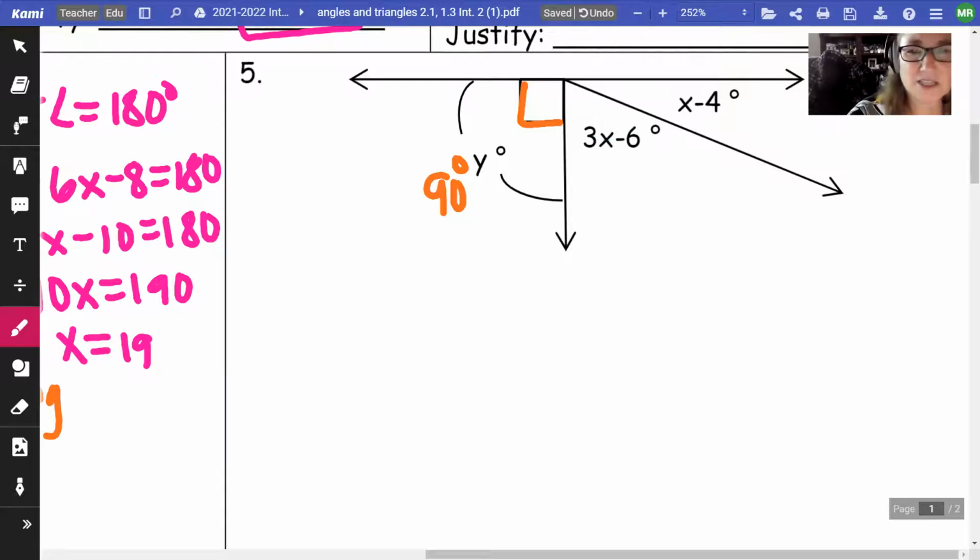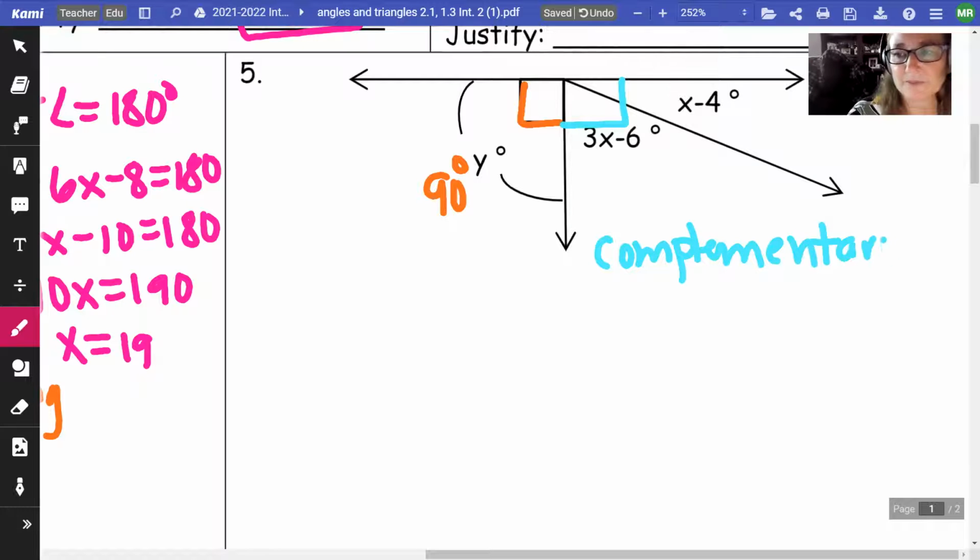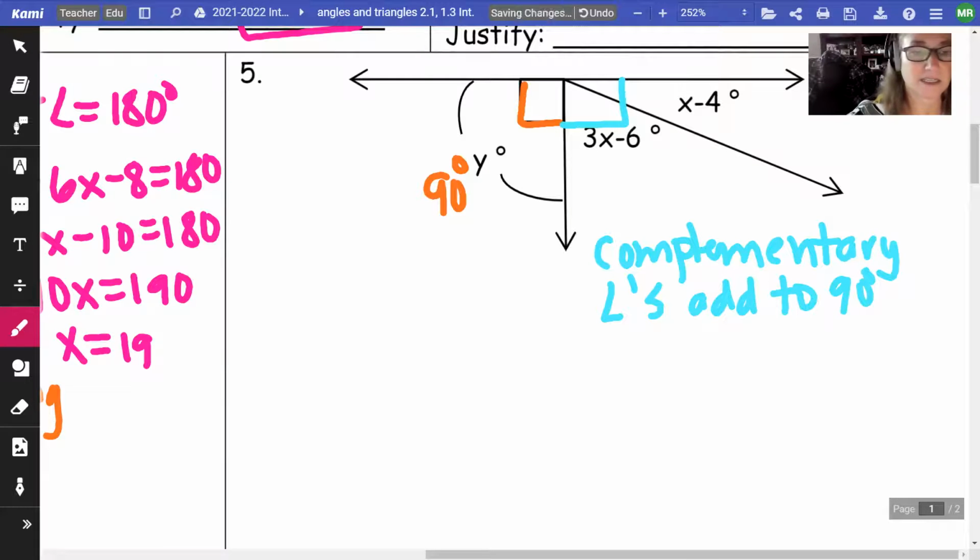But if I have 90 degrees used up, that means that these together are going to be 90. And we call that complementary angles. So I'm going to use that idea. So complementary angles add to 90 degrees because I know that what's left would be 90 out of 180.